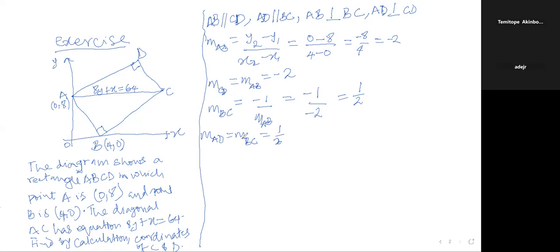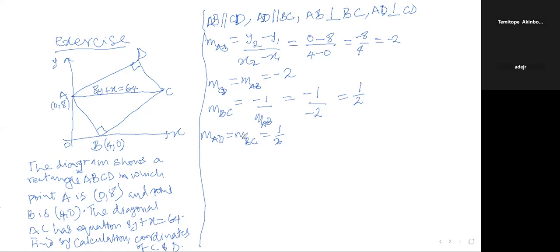The next thing we need to do in order to determine the coordinate of C is to find the equation of BC. Equation of what? BC. Don't forget, I told you that any point on the line is sufficient to determine the equation of the line. So on the line BC, we know the coordinate of B, which is on the line, in fact, the extreme of that line BC.